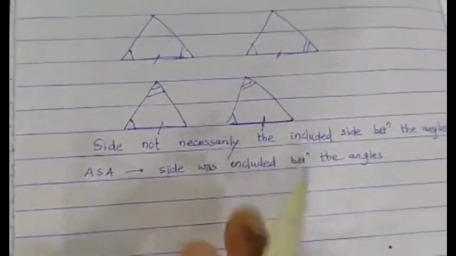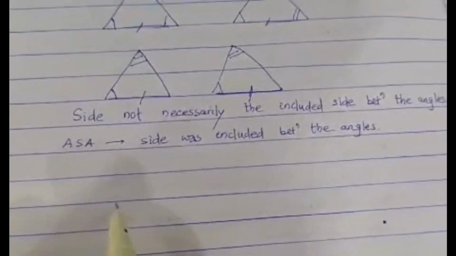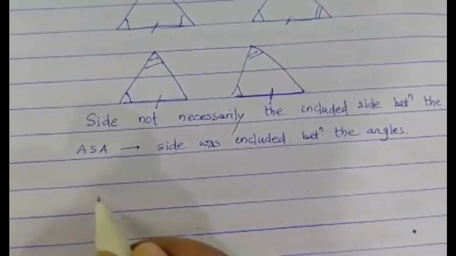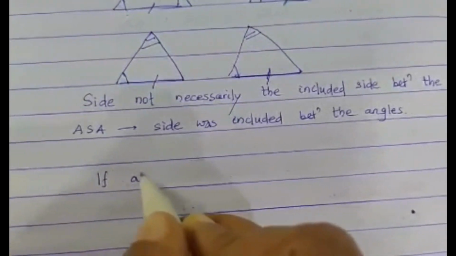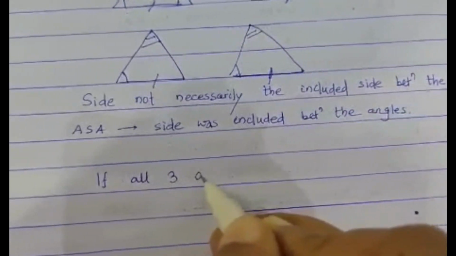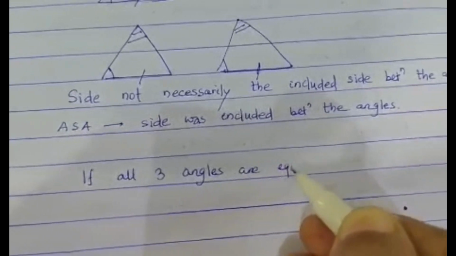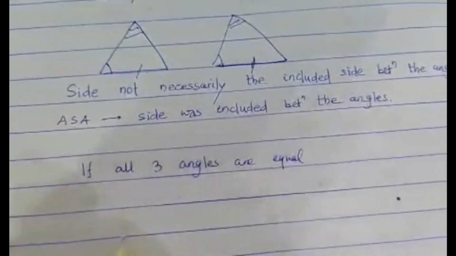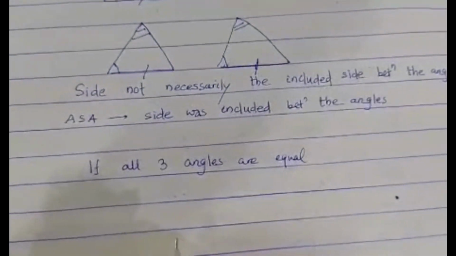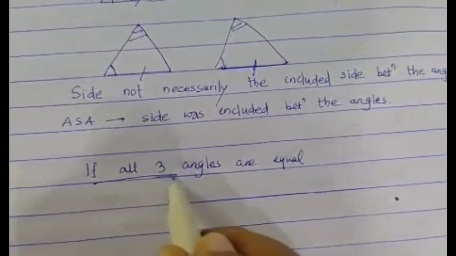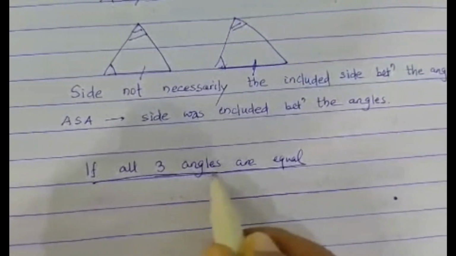Okay, now let us see one more thing: the congruency of triangles when all three angles are equal. If all three angles are equal in two triangles, then it is not necessary that those two triangles are congruent. So congruency does not depend on all angles being equal.